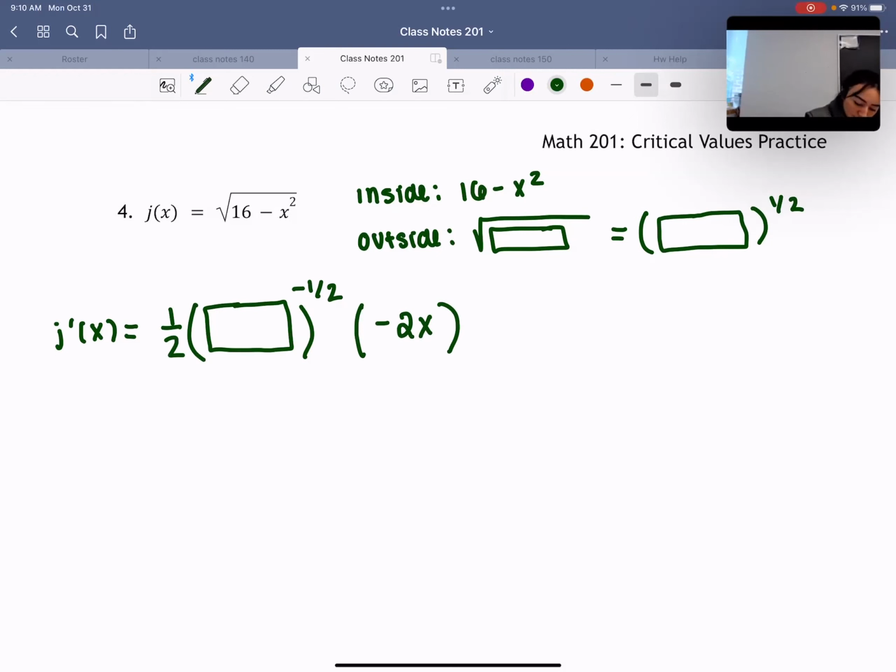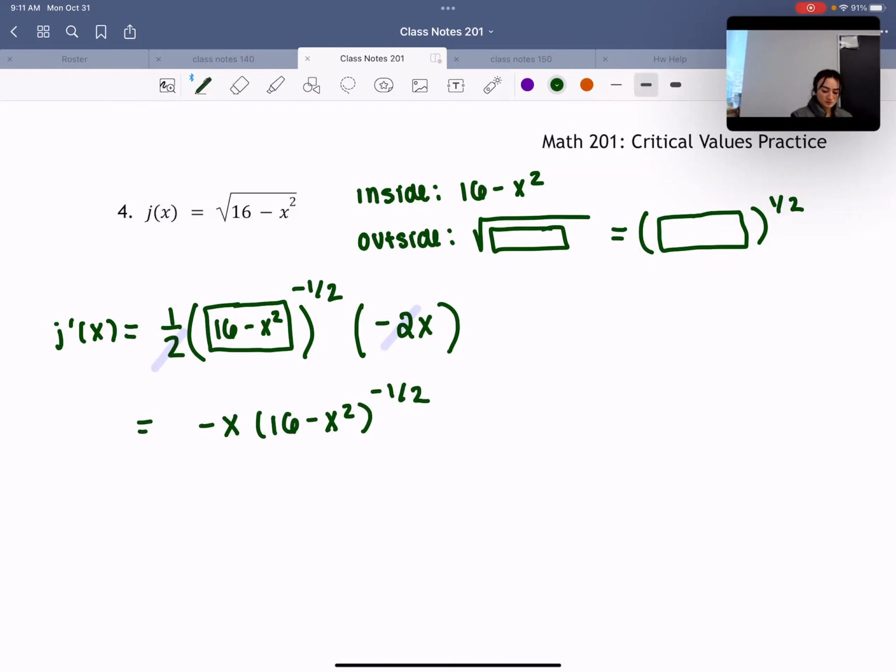A good practice is to write the inside in the box now, so 16 minus x squared goes on the inside. In total, the 2's cancel out, so we've got negative x times 16 minus x squared to the negative 1/2.